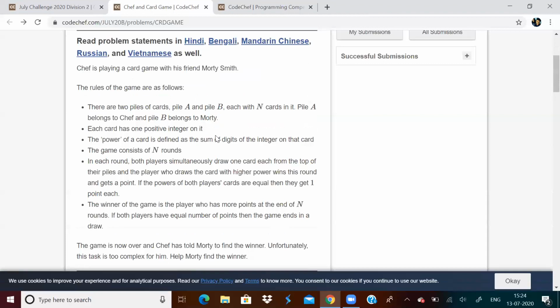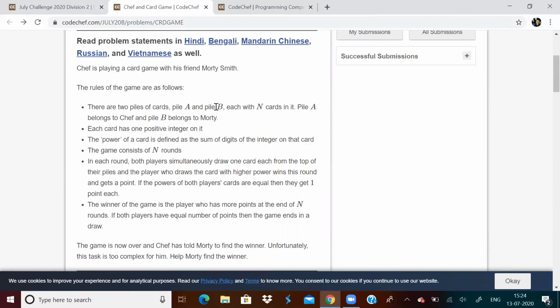So, okay, there are two piles of cards A and B. Each pile has n cards. Power of a card is the sum of digits on the card. They're playing a game. In each round, both players simultaneously draw one card from the top of their piles. The player who draws the card with higher power wins and gets a point.